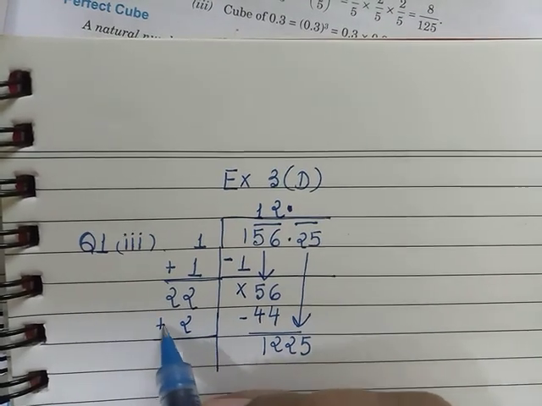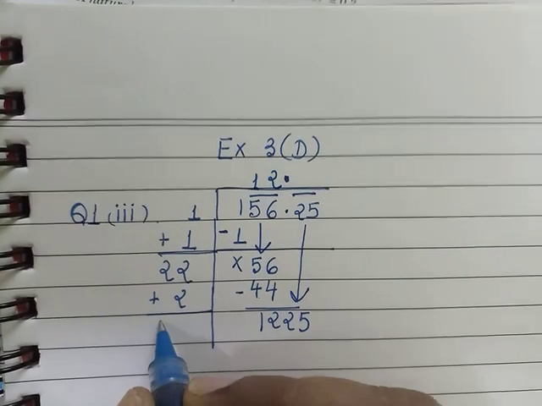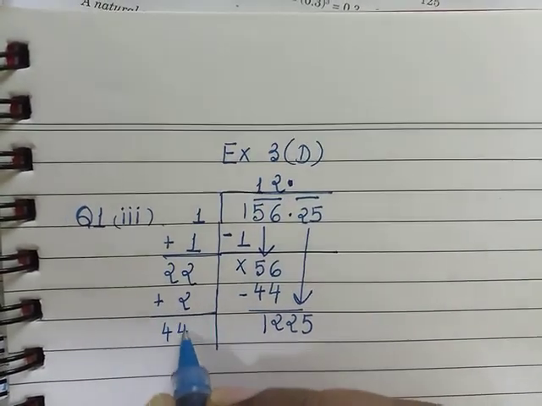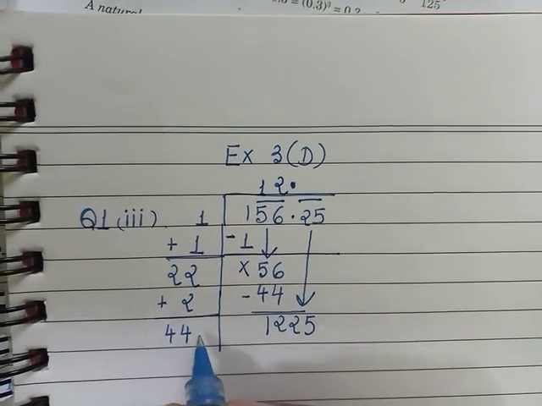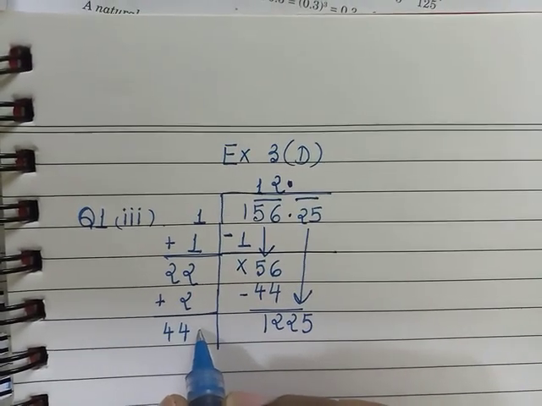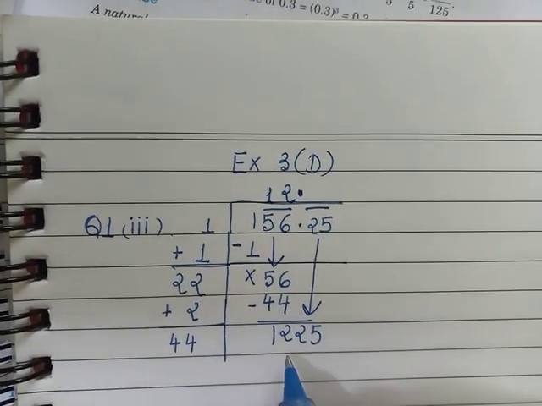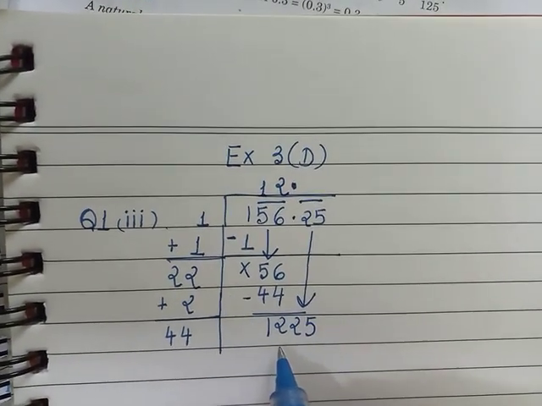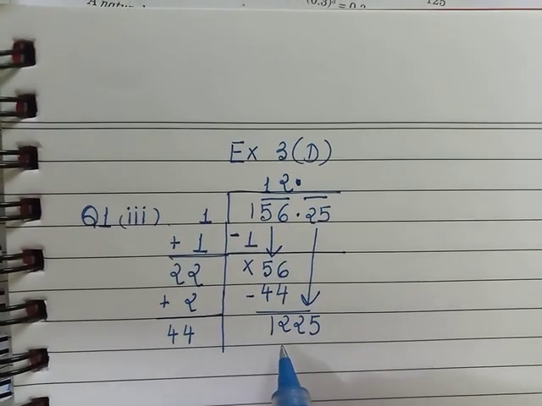So it becomes 44. Now we have to affix a number in front of 44 and multiply the same number with that number, so we reach near to 1225, or we reach exactly that number.